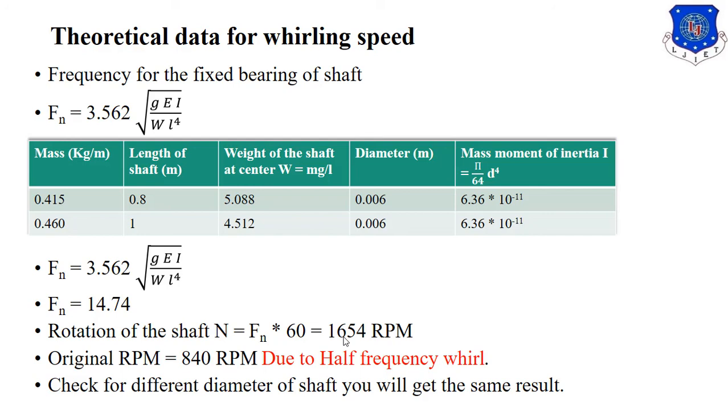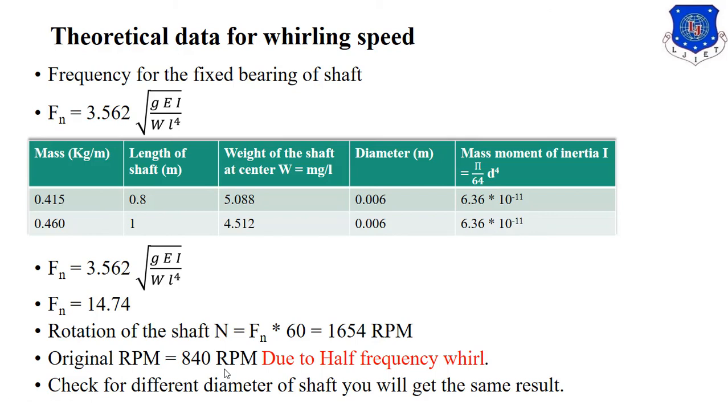Now let us check: half of 1654 is approximately 830 rpm. If you calculate this, we are very near the original data.